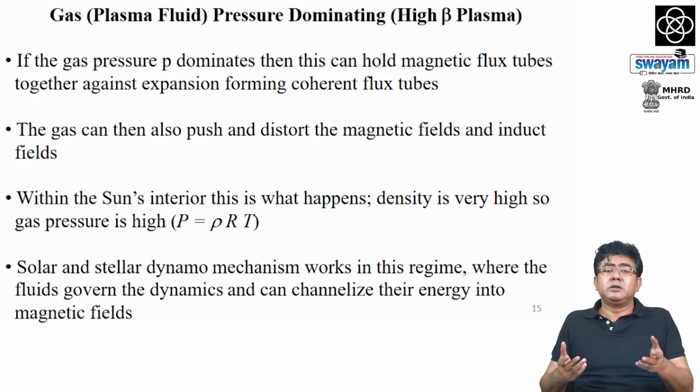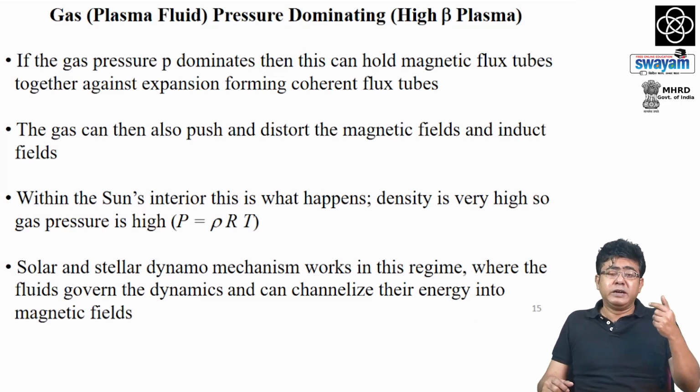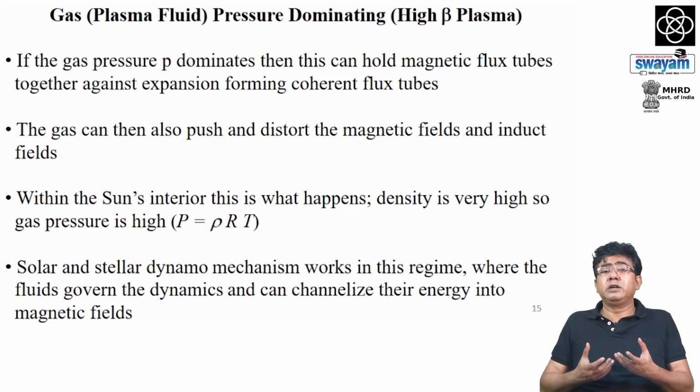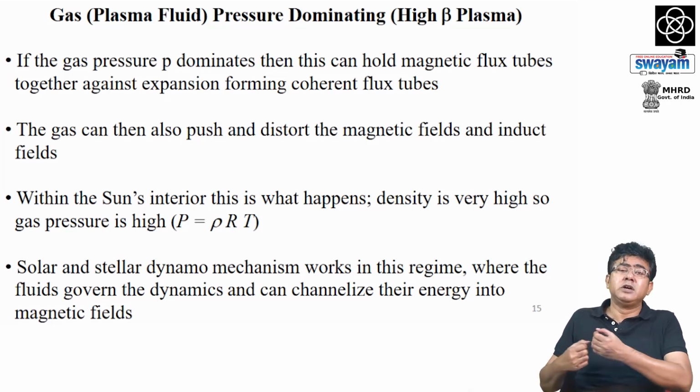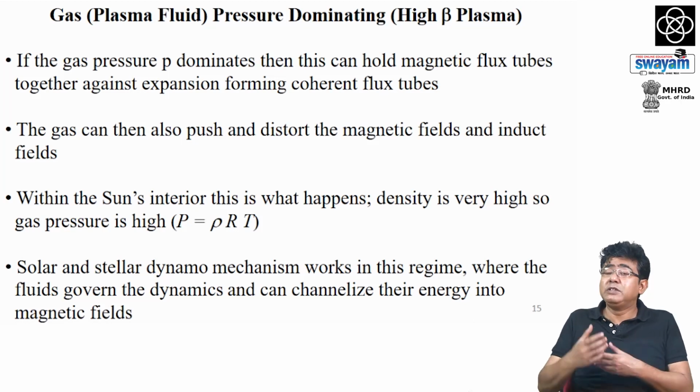So, the thermal pressure holds together a magnetic flux tube through mechanical equilibrium across its bounding surface, right. And when this happens, this implies that the gas plays a dominant role in the dynamics. Not only can it hold magnetic fields together, it can actually push them, jostle them, move them around and play with the magnetic fields.